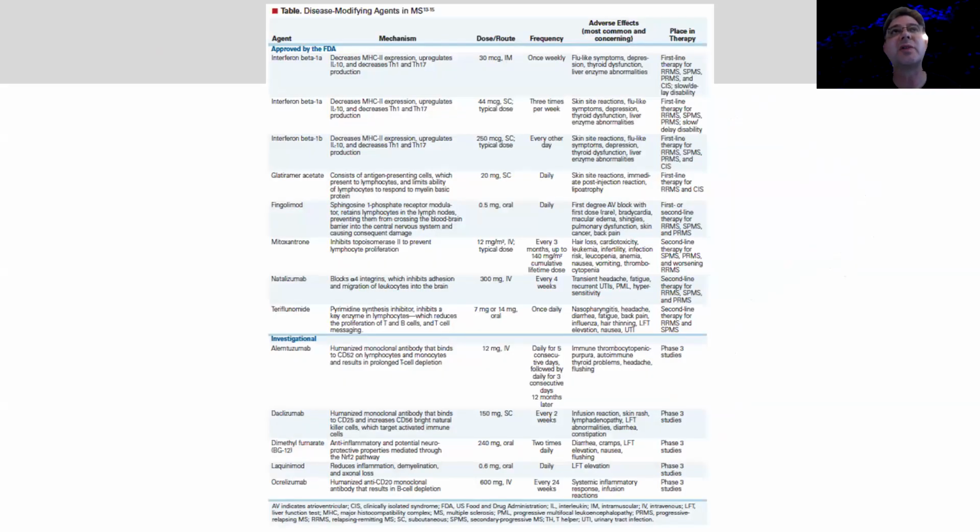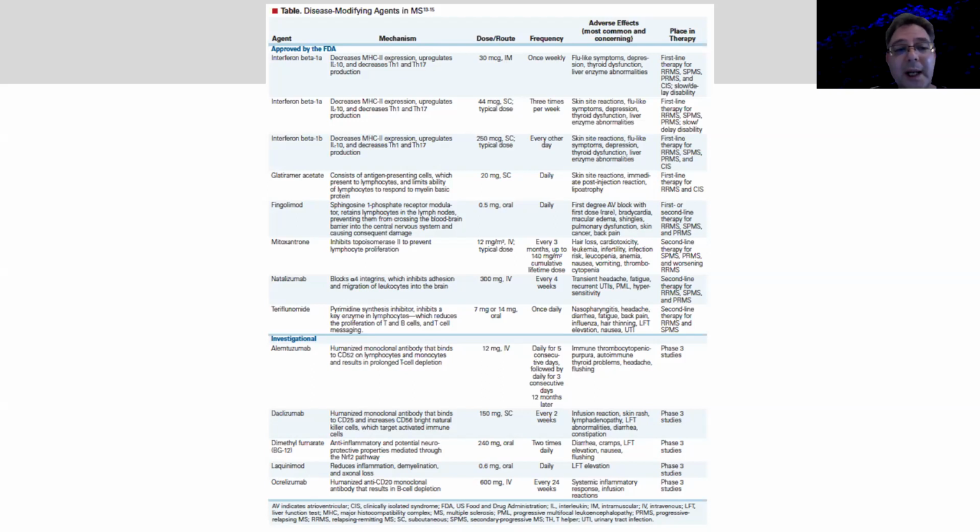And this is just a list of a lot of the drugs that have been listed for treating MS patients. I discussed with you before the interferon betas, where we're able to limit the capacity of the pro-inflammatory cytokines from affecting the disease, and so limit the Th1 mediated response from that perspective.